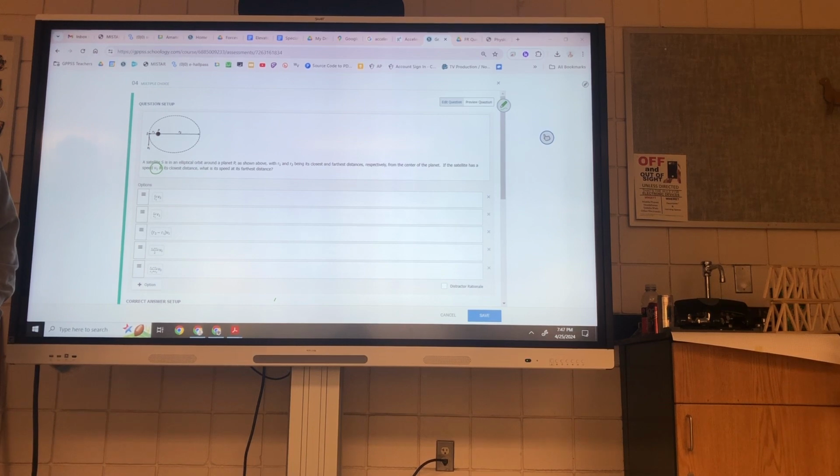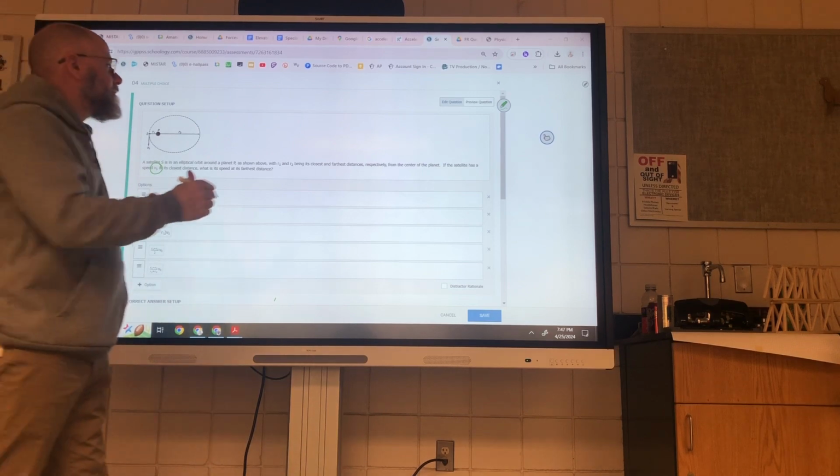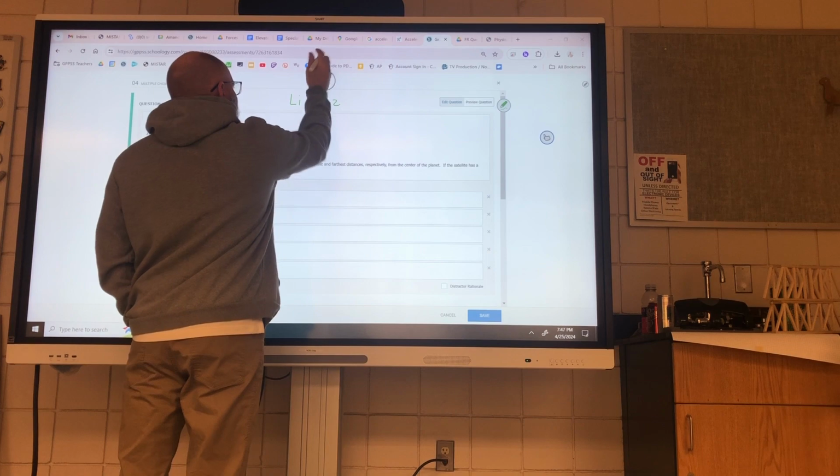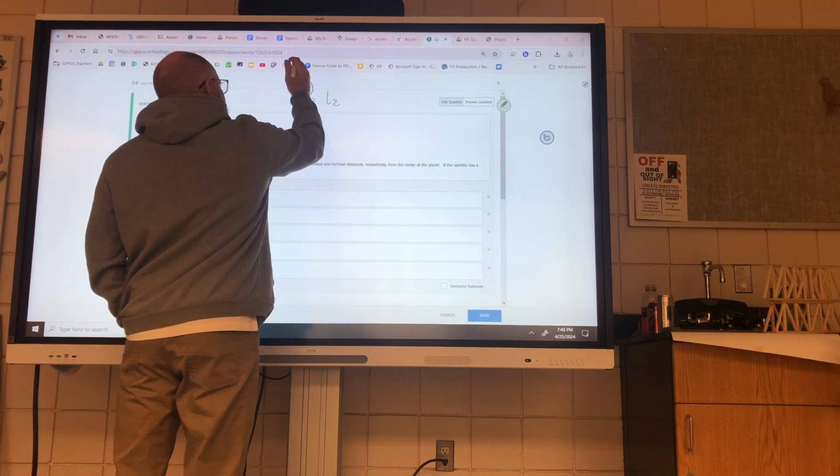Okay. This is specifically an angular momentum problem. Okay? What do we know about angular momentum? So, L1 is equal to L2, not Li. There you go.